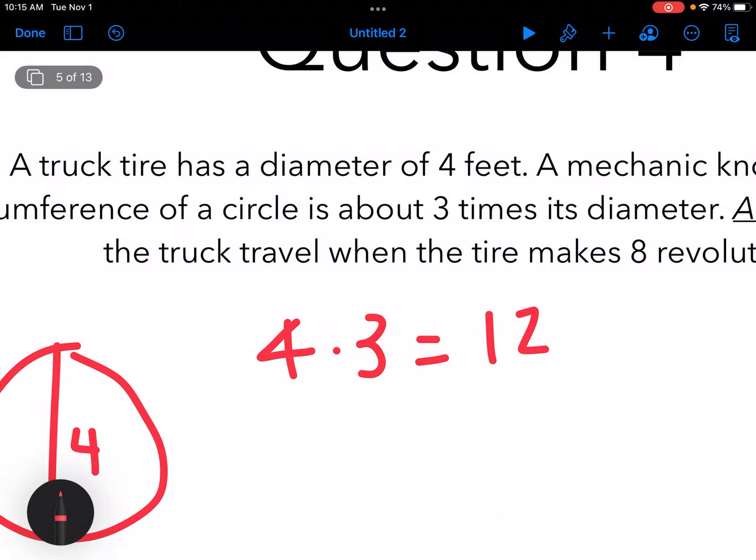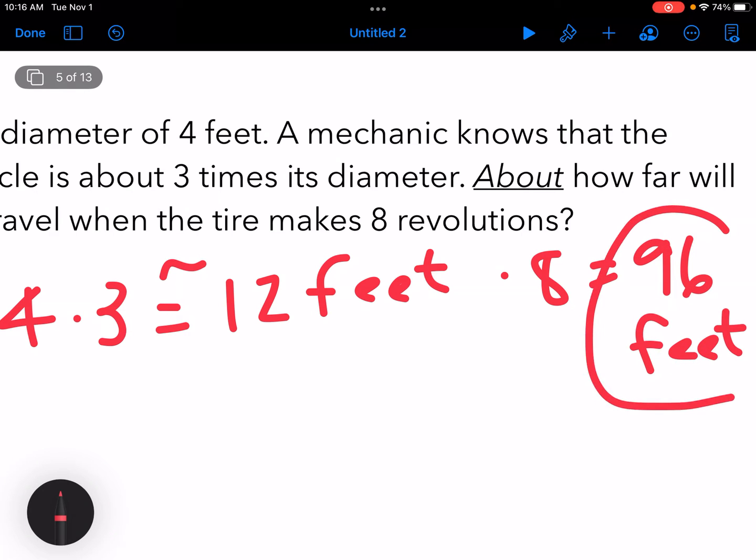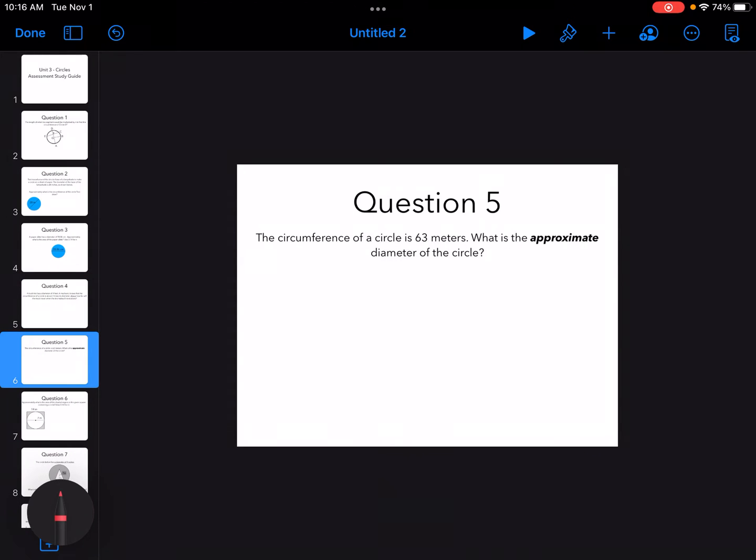So that's 12 feet. And that's about, right? We know that's about because pi is actually 3.14. Then they're saying if the tire goes around 8 times, how far will it go? So we're going to multiply it by 8. 12 times 8 is 96, so it's going to go 96 feet. And that's a definite about because we're using pi as 3.